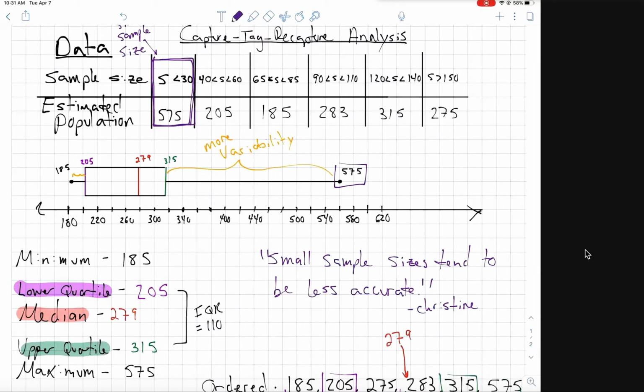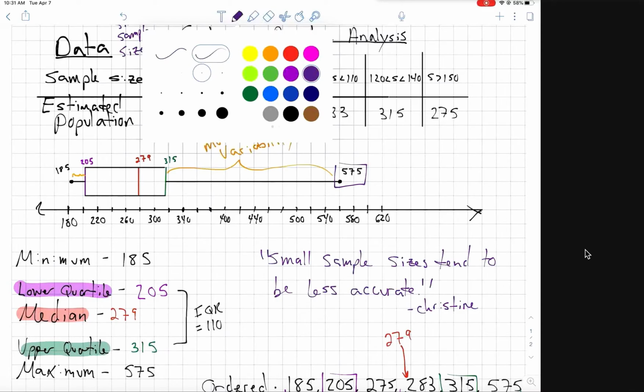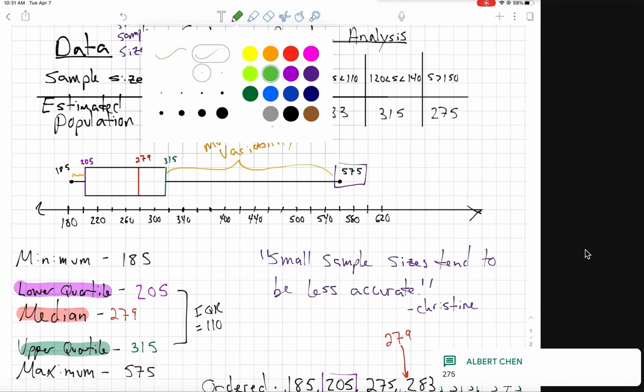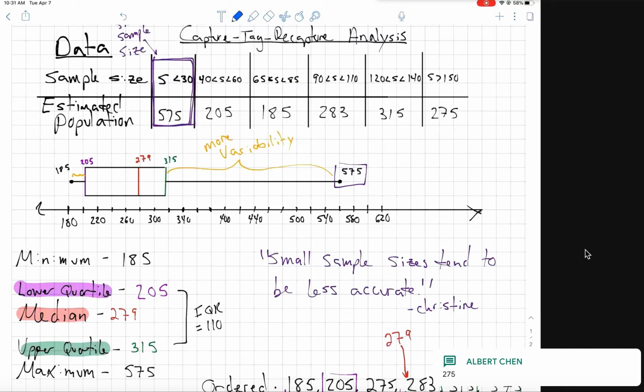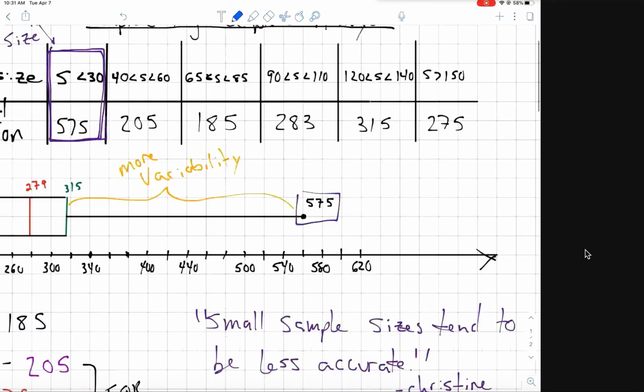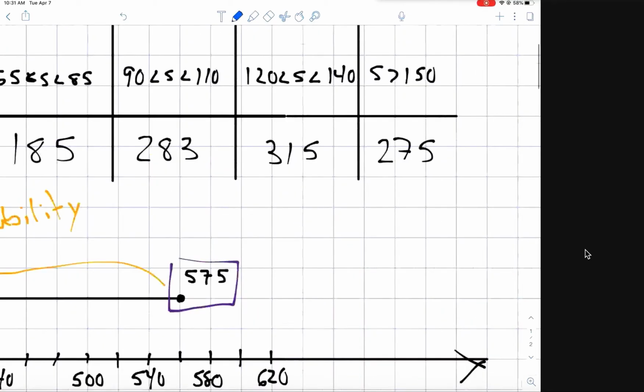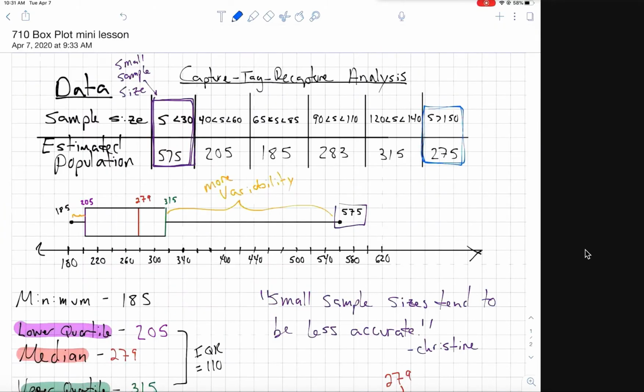What was our estimation for the largest sample that we took? 275. 275 fish is our estimation using the largest sample size. Now look at our box plot. Where does 275 fall in our box plot?